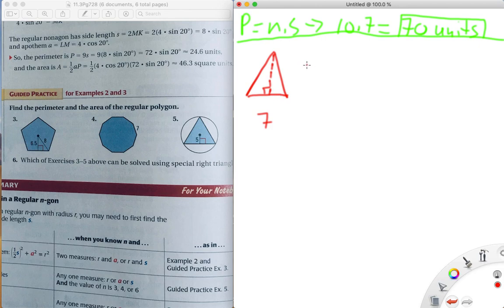And I find this by first dividing 360 by 10. That gives me the degree of the central angle, which is 36. But I need half of that because I'm going to cut this triangle in half.